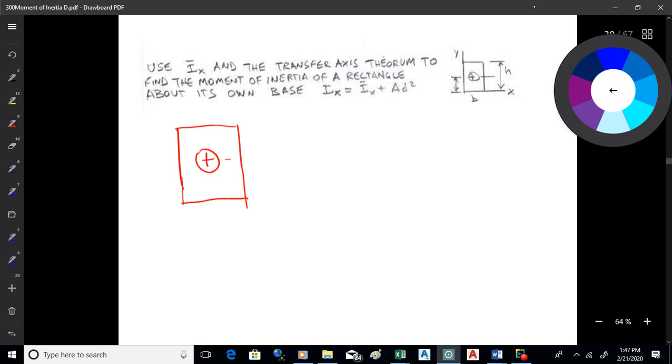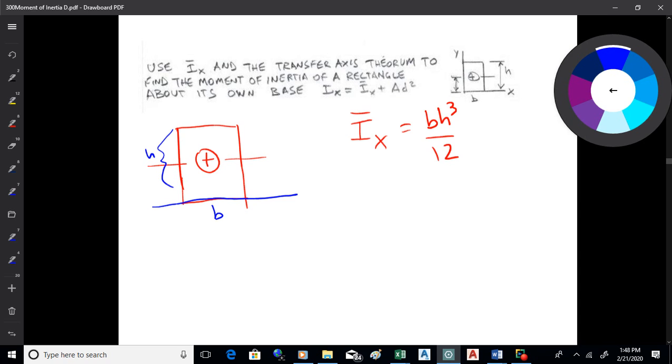We've got the centroid of the rectangle. Okay, so I bar sub x is what? b h cubed over 12, right? Now we're going to take that axis and we're going to move it down here at the base. What's the offset distance between the neutral axis and the base? What's this distance right here? This is h over 2, right?